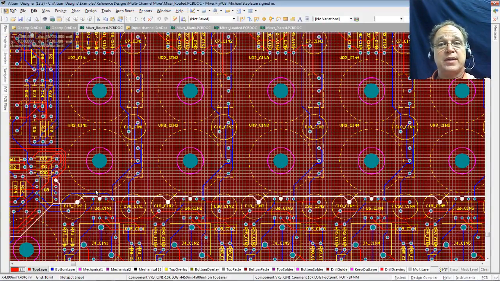What can I do to stop that drop in the voltage? I put in a bypass cap, and lo and behold, look what's right here. A bypass cap. And where is it? Right next to that active component. Look, here's another active component, another bypass cap. Another active component, another bypass cap.